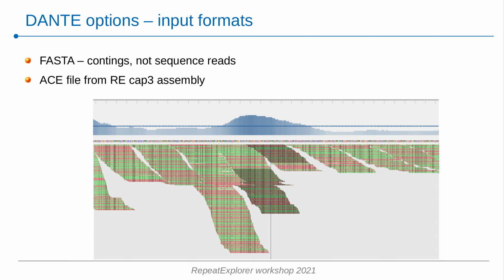This option is intended to be used if you want to analyze contigs from the RepeatExplorer pipeline, and in that case, if you use ACE as an input, then the information about the read depth of the individual contigs is used and reported in the resulting annotation. And these numbers later can be used to estimate copy number of individual lineages of transposable elements in the genome.